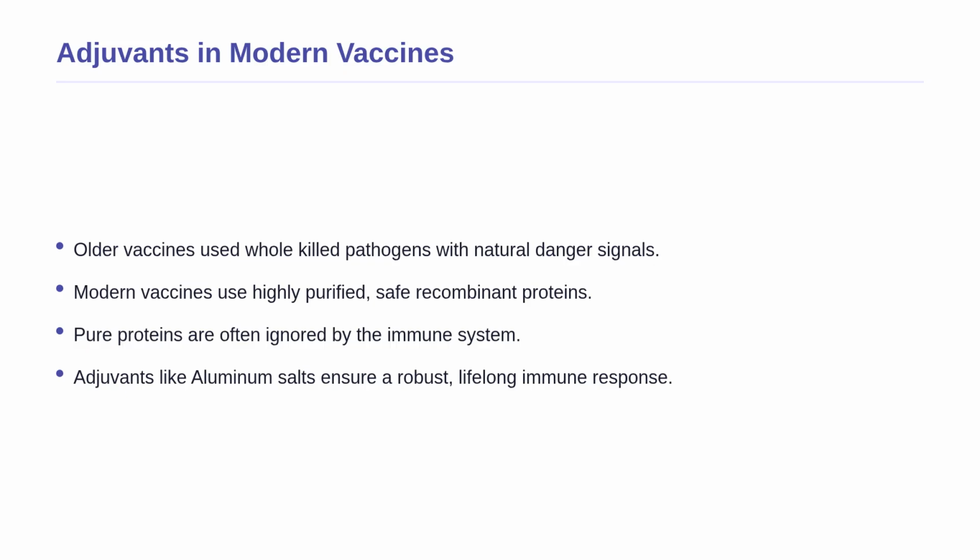However, these pure proteins are so harmless that the immune system often ignores them completely, which would lead to vaccine failure. Without adjuvants like aluminum salts, vaccines for diseases like hepatitis B, human papillomavirus, and tetanus would simply not work. Adjuvants allow us to use tiny, safe doses of antigen while still achieving lifelong protective immunity.